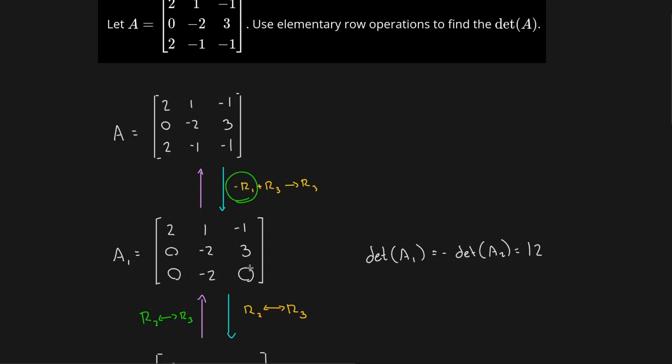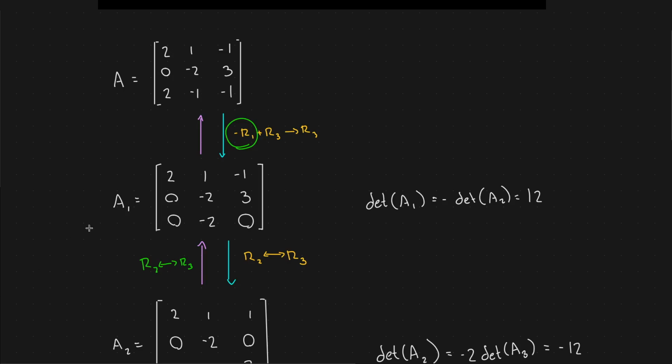So if I added negative row 1 to row 3, in order to invert this, I need to subtract negative row 1 from row 3. Okay? Or add positive row 1 to row 3. So row 1 plus row 3 into row 3, that's going to undo this elementary row operation.